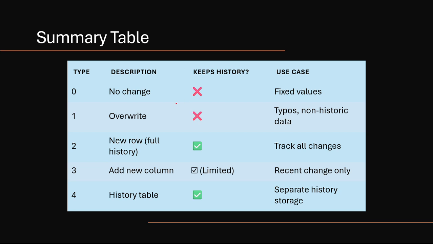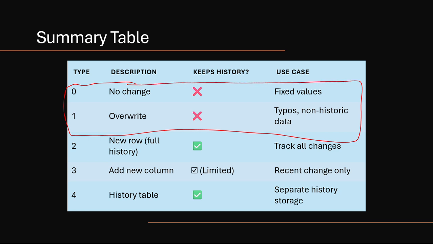And this is the overall summary. As we can see, for type 0 there is no change because it's a fixed value, and for type 1 we overwrite, for example a misspelled name.